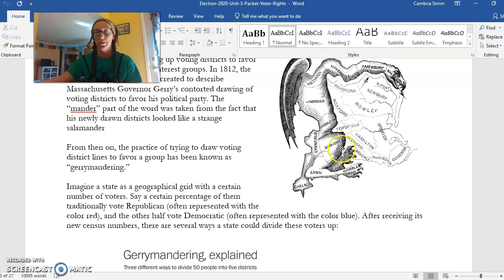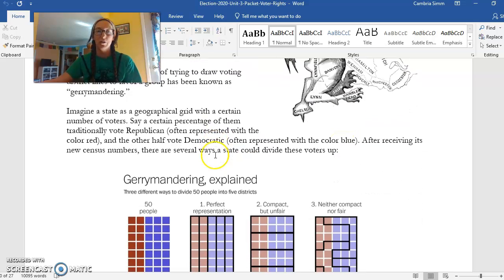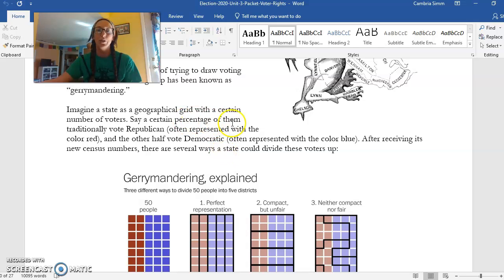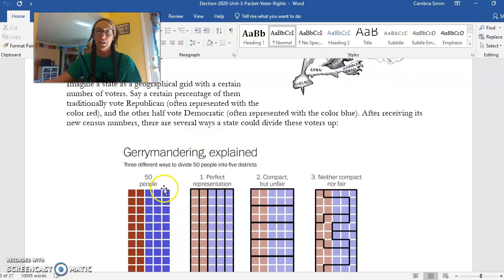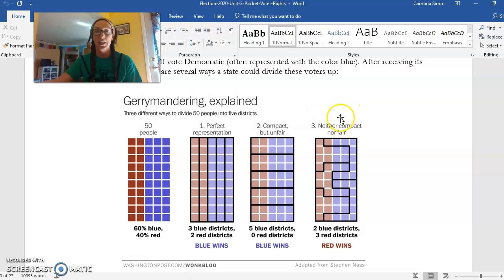From then on, the practice of trying to draw voting district lines to favor a certain group has been known as gerrymandering. Imagine a state as a geographical grid with a certain number of voters. Say a percentage of them traditionally vote Republican, represented by the color red, and the other half traditionally vote Democratic, represented by the blues. After receiving its new census numbers, there are several ways that a state could divide up these voters, okay?